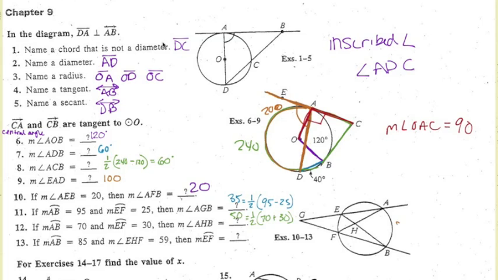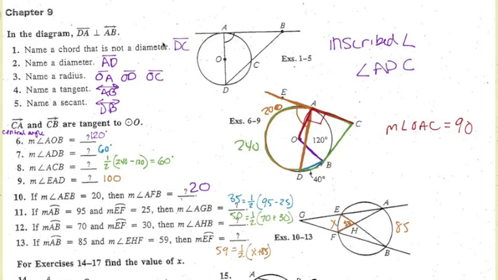If arc AB is 85 and angle EHF is 59, then how big is arc EF? This is the same kind of problem as the last one. We're dealing with an angle inside, but this time we know the angle and we want to find the arc. So we have to work backwards and do some algebra. Our rule is an angle is half of the sum of the arcs.